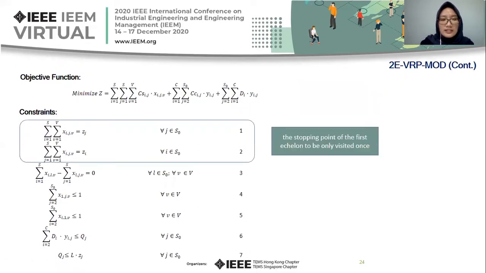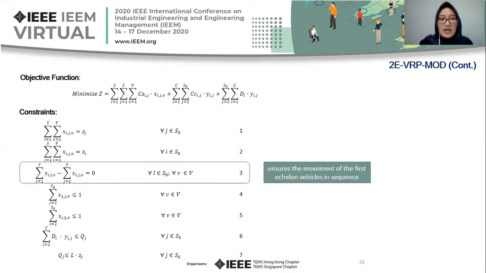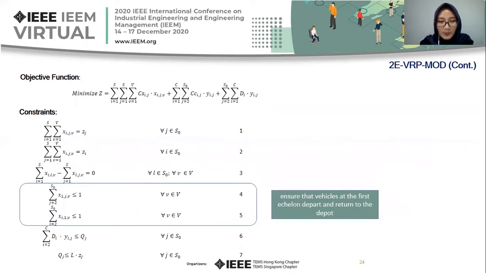The first and the second constraints ensure that the stopping point of the first echelon can be visited only once. And the third constraint ensures the movement of the first echelon vehicles in sequence. Constraints number 4 and 5 ensure that the vehicles at the first echelon depart from and return to the depot.